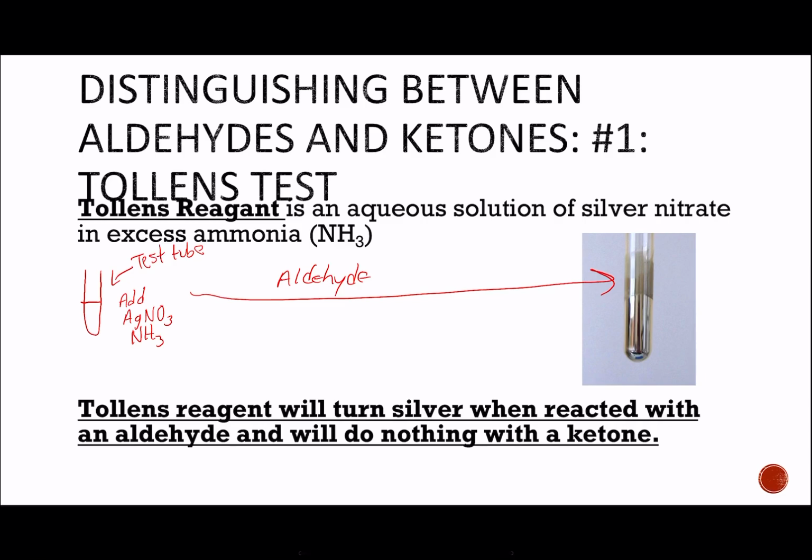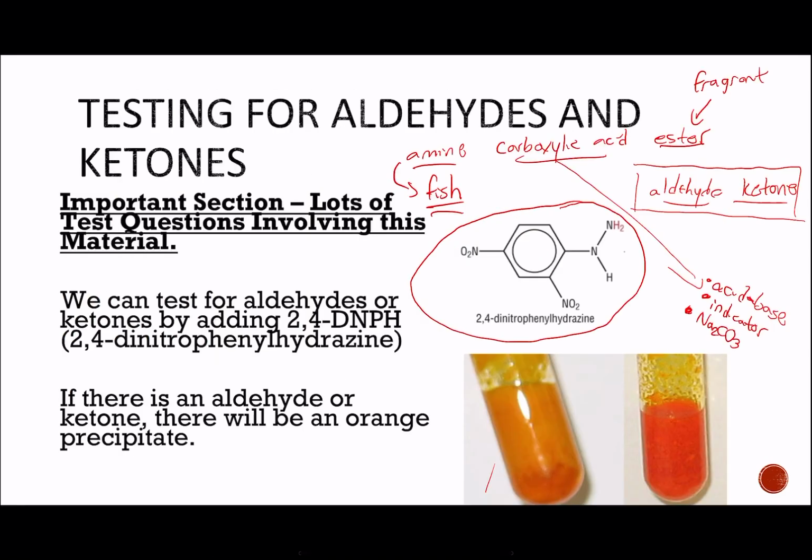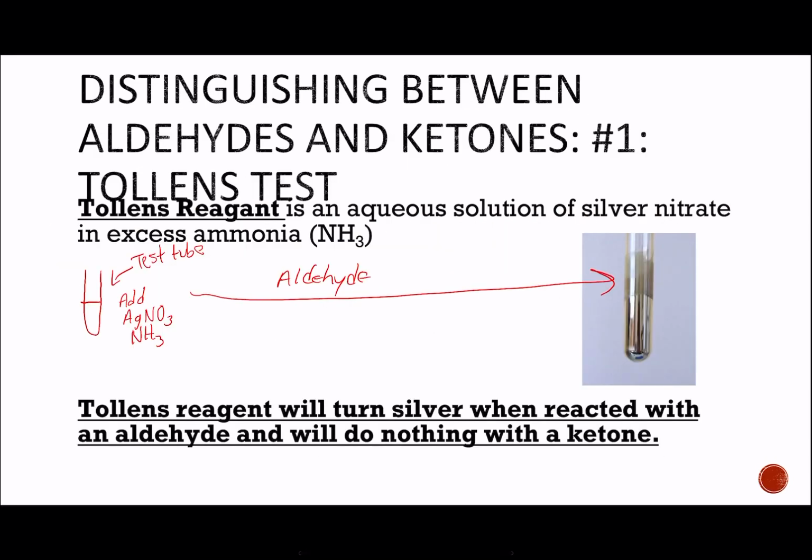So once I've added the 2,4-DNPH and seen that I got this orange precipitate, I would take my samples, prepare two new test tubes that have my potential aldehyde and ketone, and then add Tollens' reagent, being AgNO3 with NH3.